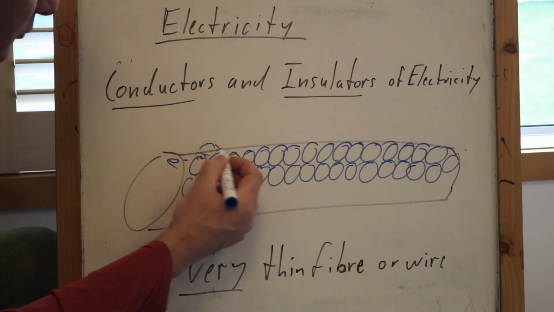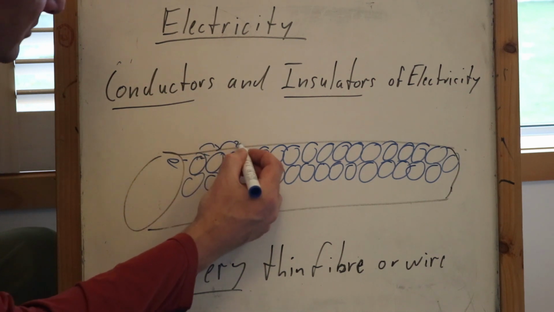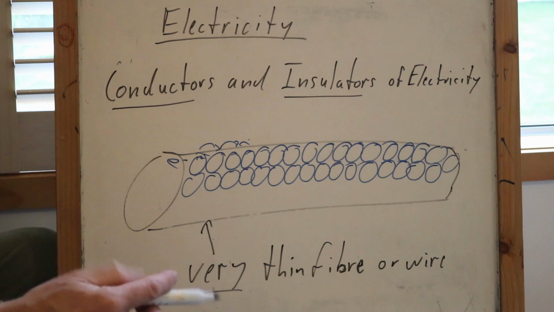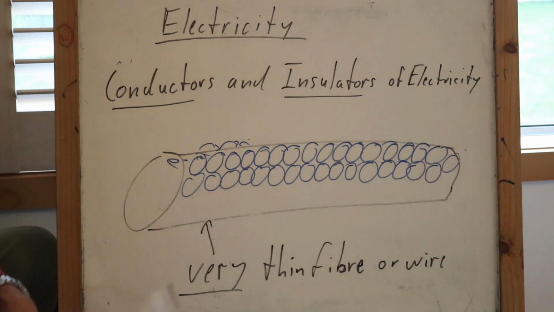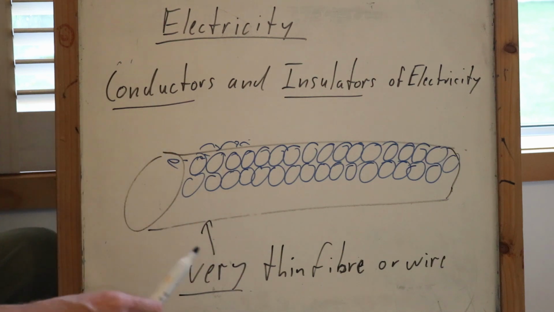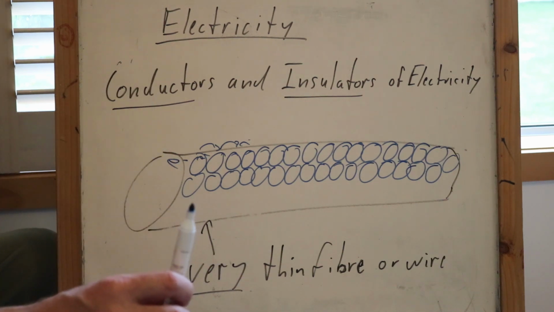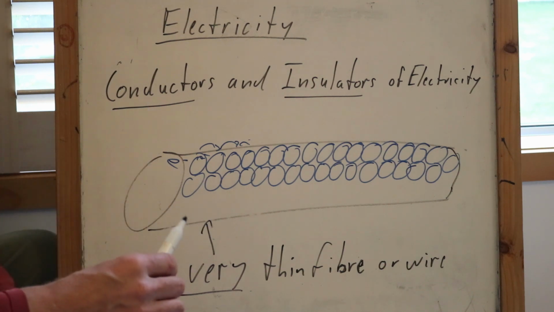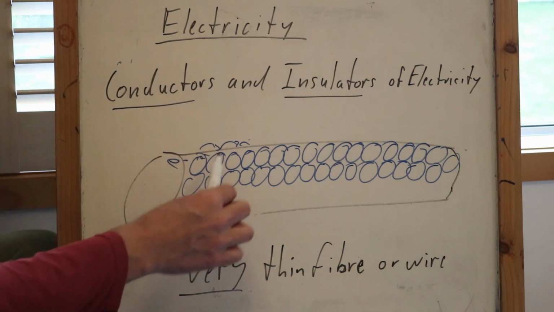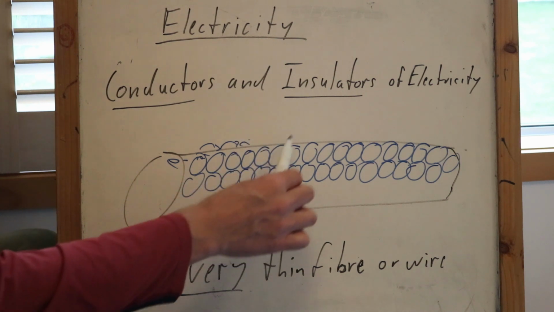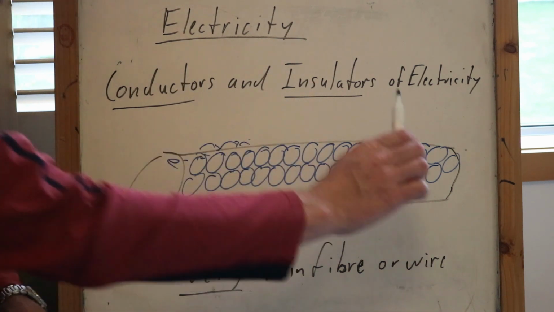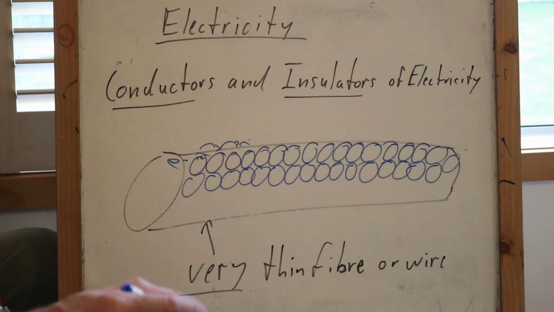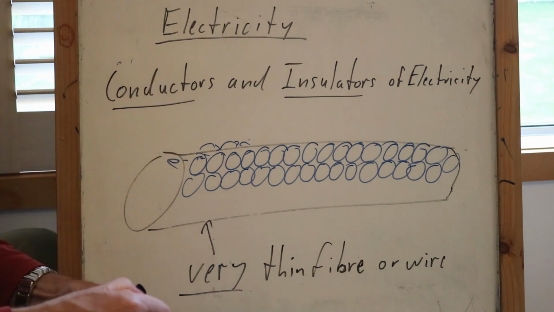It moves it onto here, and then the electron jumps on and jumps on and jumps on, and the electrons can move through this fiber, this piece of wire, then we have an electrical conductor. A material that lets electrons jump on and on through the material is called an electrical conductor.